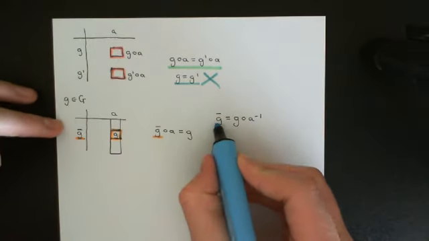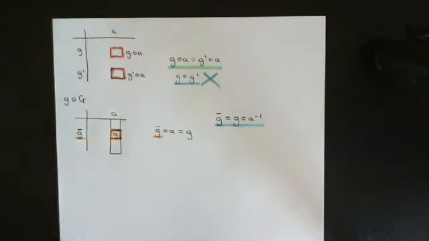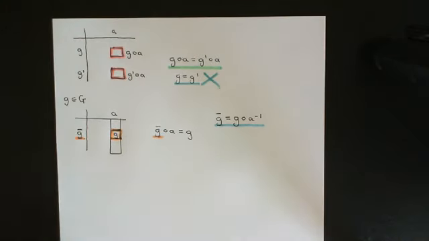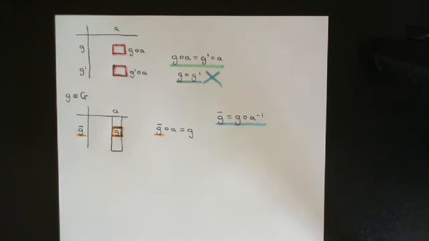Here is your little g bar. Take little g that you want to find in this column and compose it on the right with a inverse. A is an element of the group, so A inverse is an element of the group. G is an element of the group, so when I compose G with A inverse, I'm going to get another element of the group.